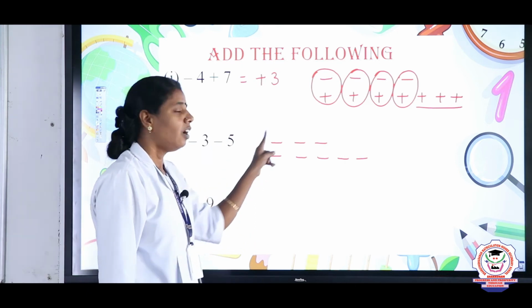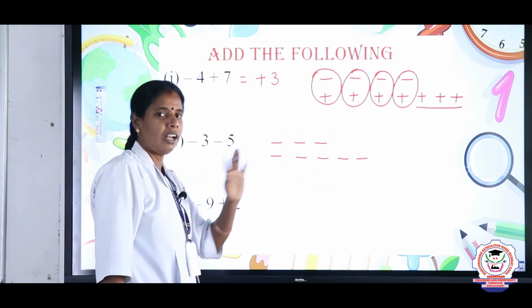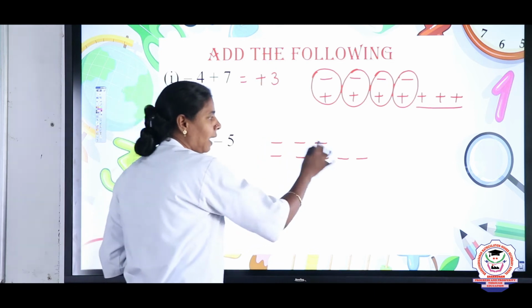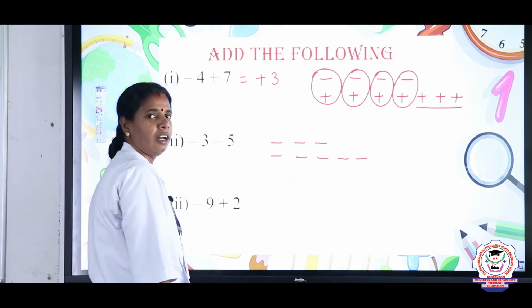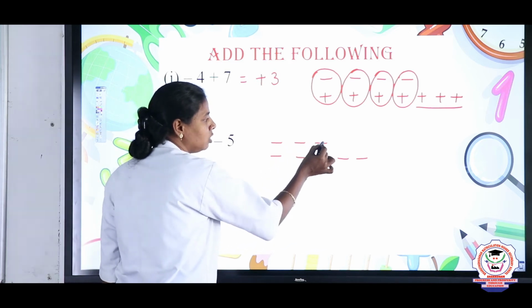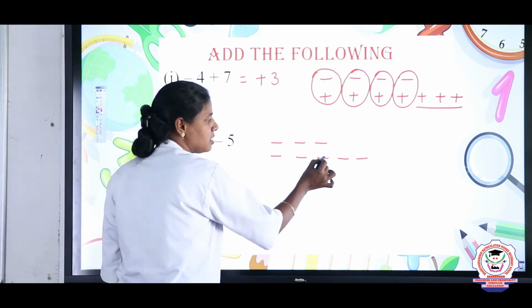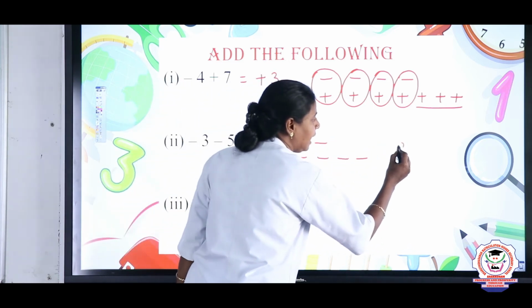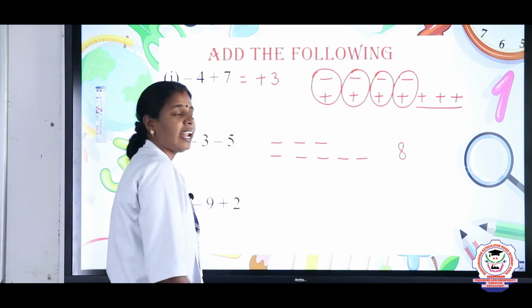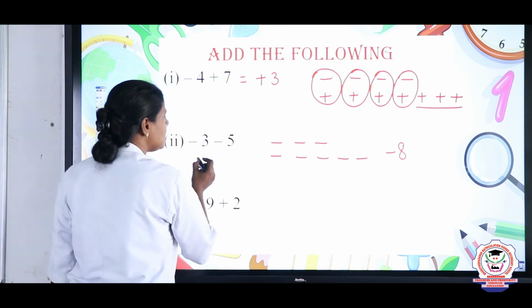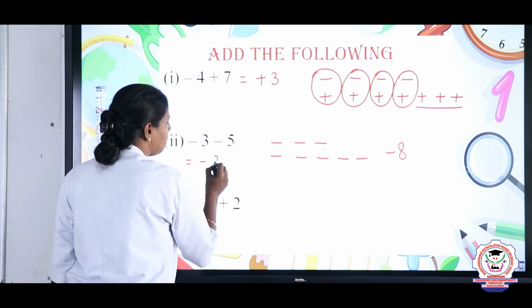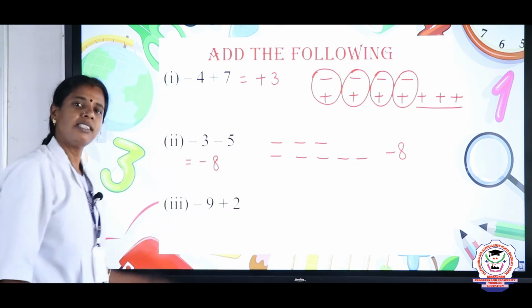But here, the given two integers are negative, so we can't pair them. Count how many negative integers are here: 1, 2, 3, 4, 5, 6, 7, 8 negative integers, and the sign is negative. So, the answer is minus 8. Is it clear?